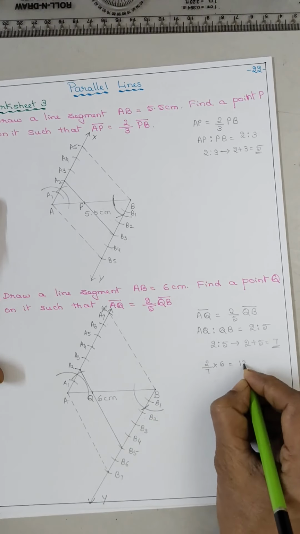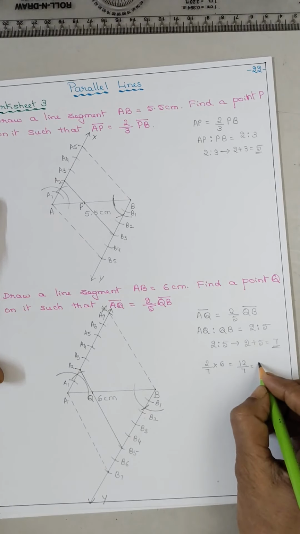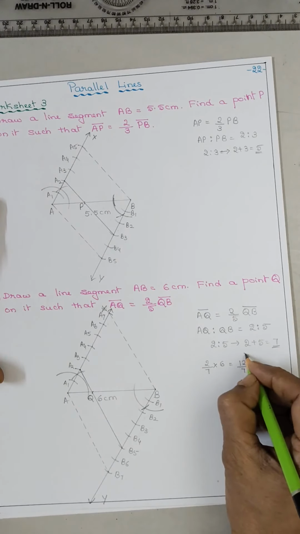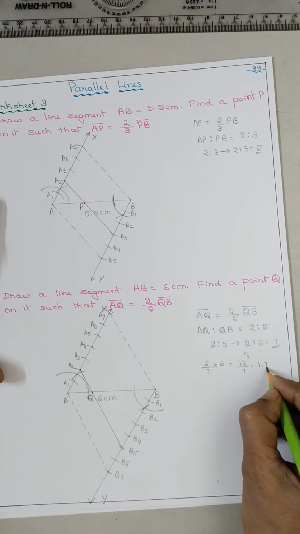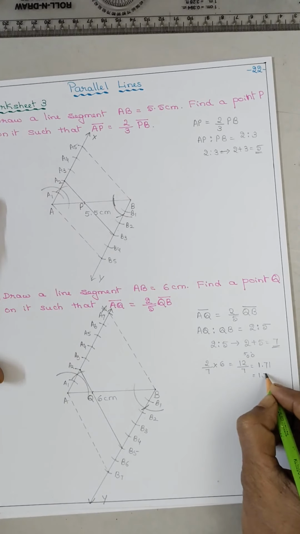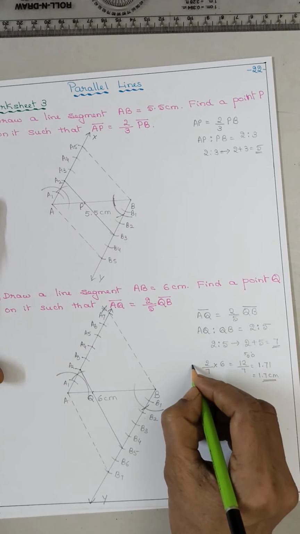That is 12/7. 7 ones are 7, 8, 9, 10, 11, 12. 5 remains. 7s are 49. 1 remains. So it is 1.7 centimeter. That is AQ.